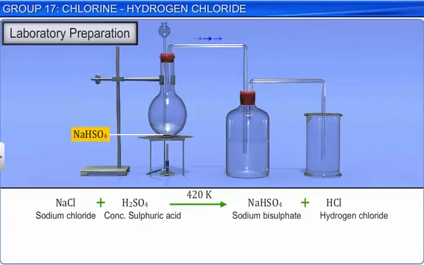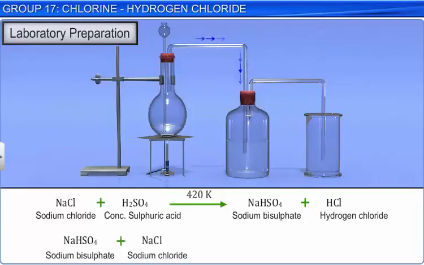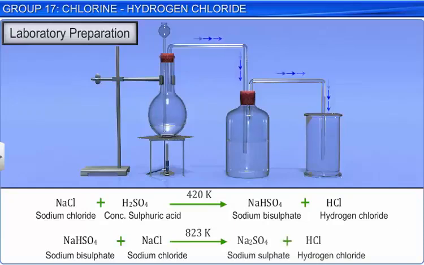Sodium bisulfate is obtained, which is insoluble and thus prevents further reaction. Hence, sodium bisulfate is mixed with more sodium chloride and further heated to a high temperature of about 823 Kelvin to give HCl gas and soluble sodium sulfate.